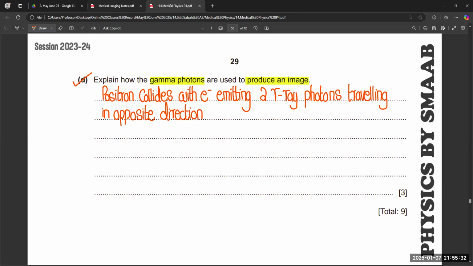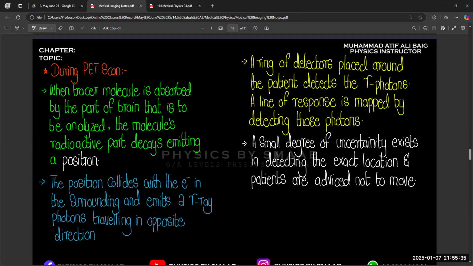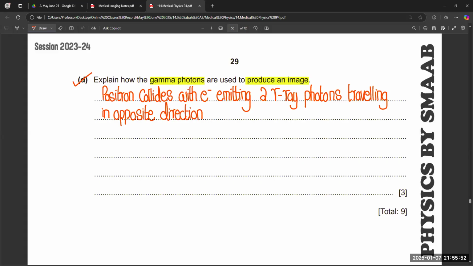And in the second part we discussed there is a ring of detectors outside of the body. So outside of the body we have a circular track around the body in which we have detectors to detect the radiation. So definitely these gamma ray photons are going to be detected by the detectors outside the body. So that will be the second point.